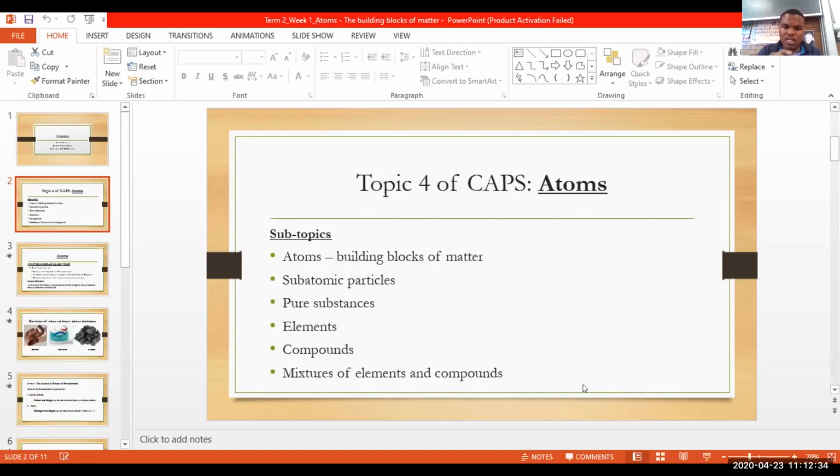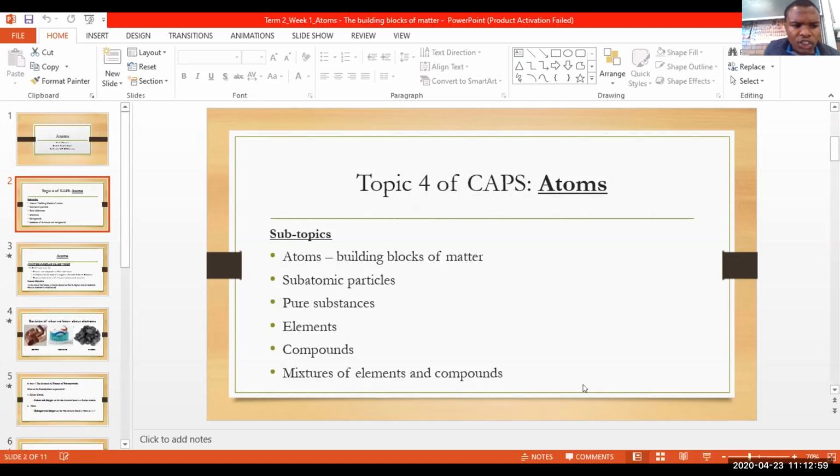When you look at the word subatomic, the word atomic comes from the word atom. So we'll actually look at what exactly is within an atom, or what exactly makes up an atom. And then later on, we'll look at pure substances, we look at elements and compounds, and then as a concluding section under atoms, we look at mixtures of elements and compounds.